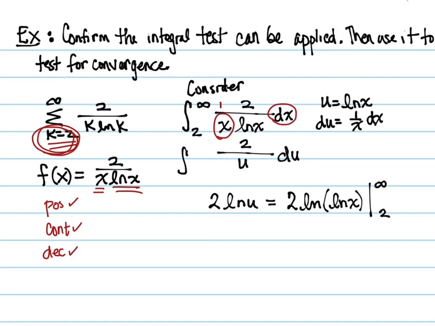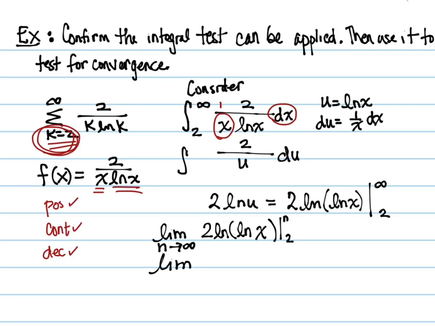While conceptually we understand the idea of plugging in infinity, that's not very mathematically proper. This is a limiting process. So the limit as, I haven't used n yet, so I'll use n, as n goes to infinity of 2 natural log of the natural log of x, and then I've got n to 2 down here.